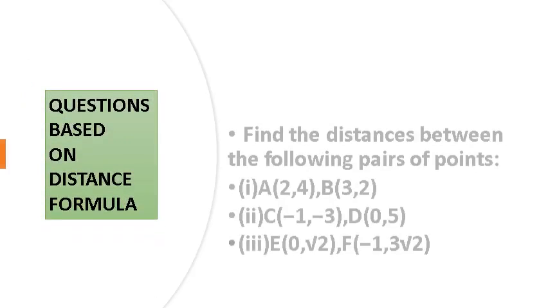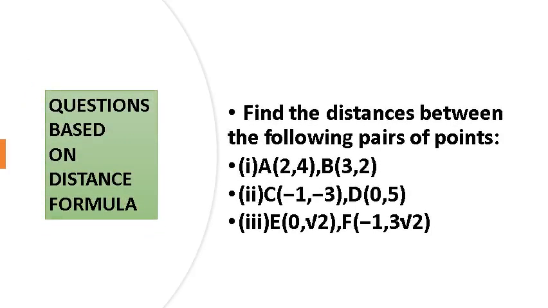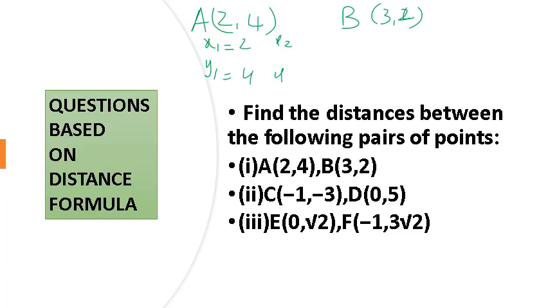Here are a few questions based on the distance formula. Here I have to find the value of the distance AB. A is 2, 4 and B is 3, 2. The first point is always denoted as x1, y1, and the second point is x2, y2, that is 3 and 2.